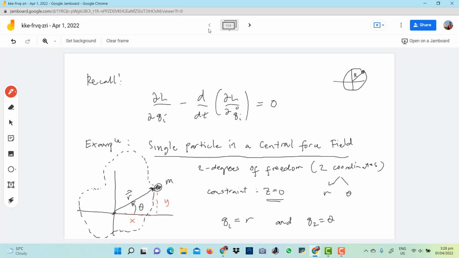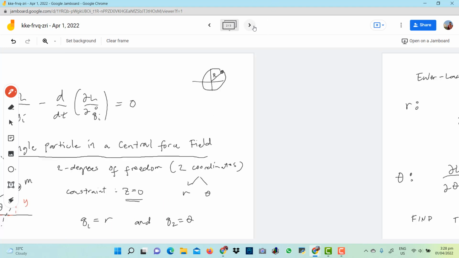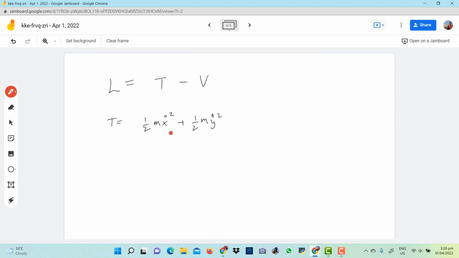So I have two kinetic energies: kinetic energy along x plus kinetic energy along y, the horizontal and vertical kinetic energies of our particle with mass m.